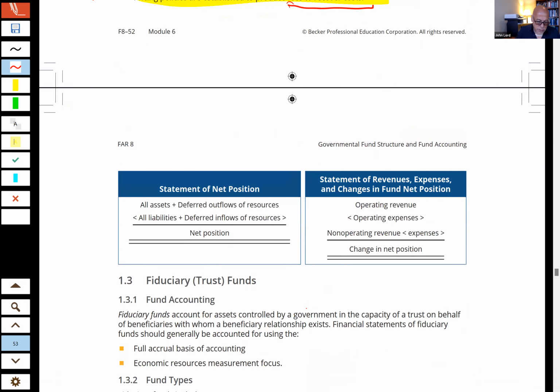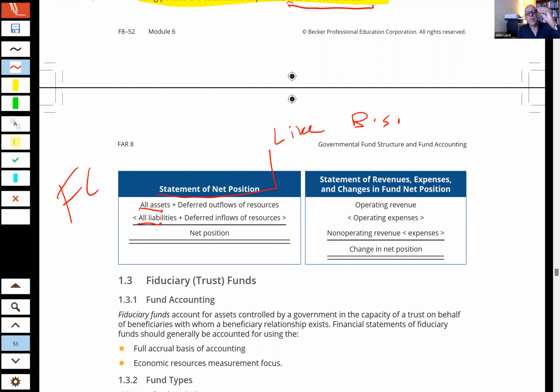Okay, now let's look at the structure of their financial reports. Let's flashcard this. You have the statement of net position. Statement of net position is like the balance sheet. We have all assets, all liabilities. It's not current financial resources, it's economic resources measurement focus.